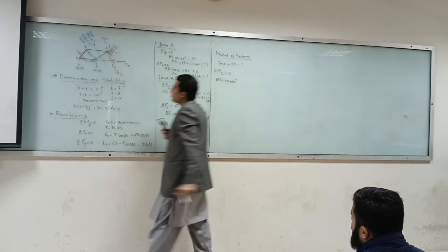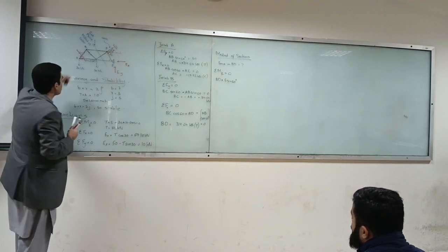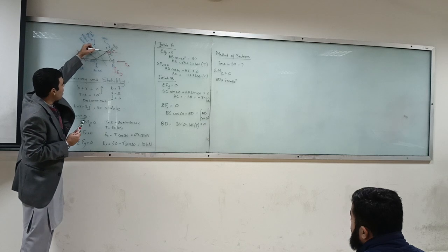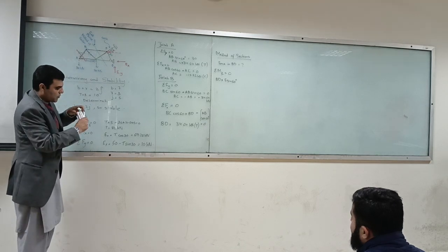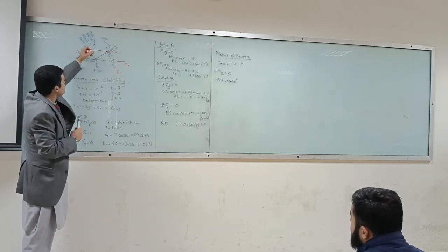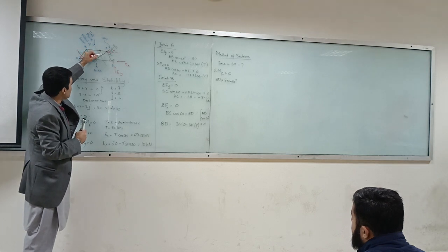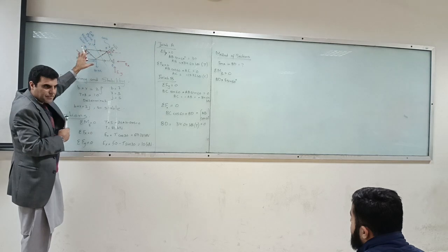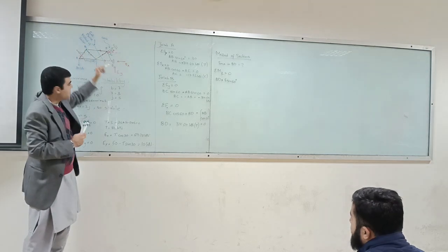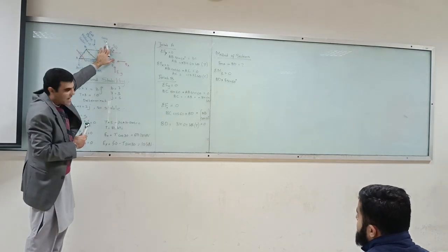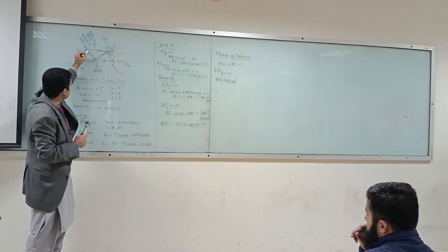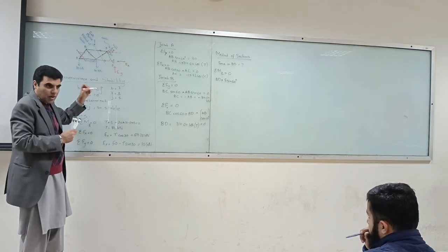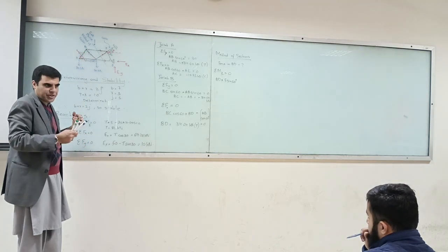Yes, and I told you that if I am taking a cut like this, I always assume force in this direction. So my force directions are like this, and I'm taking this part as my free body, not the other part. If I was taking the other part as my free body, then I would have made the arrows always away from my cut section.